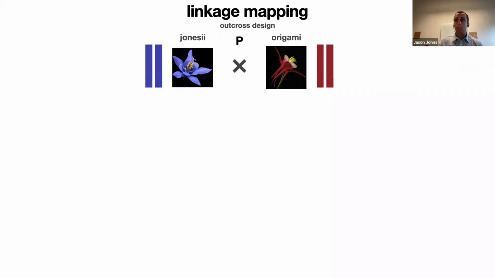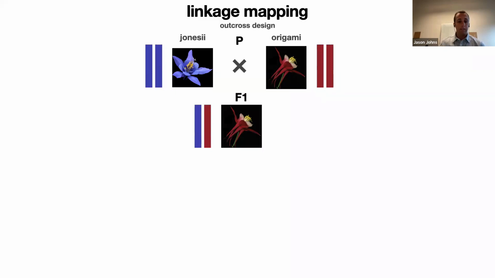So we cross jonesii with blue flowers to origami with red flowers, and I've represented each of these taxa as totally inbred with these bars just for simplicity, which would be nice, but we can't actually do in columbines. And I'm representing the whole genome with just a pair of bars here, or pretending like columbines have all their genes on a single chromosome.